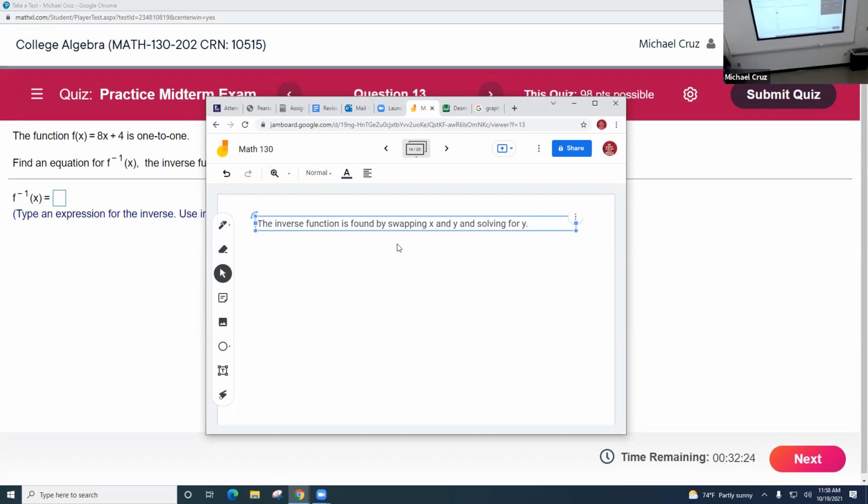Okay, well, first of all, let's put replace. So all we're doing is we're going to write this as y is equal to 8x plus 4.